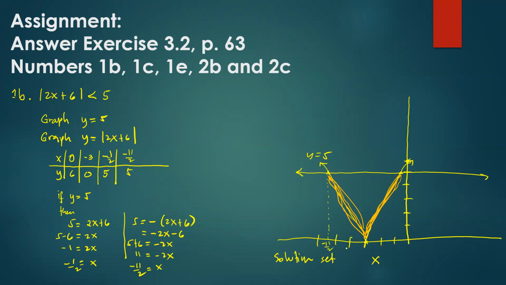Okay, that's negative 11/2, and the value of x here, on the other hand, is negative 1/2. So therefore, x is greater than or equal to negative 11/2, but less than or equal to negative 1/2.